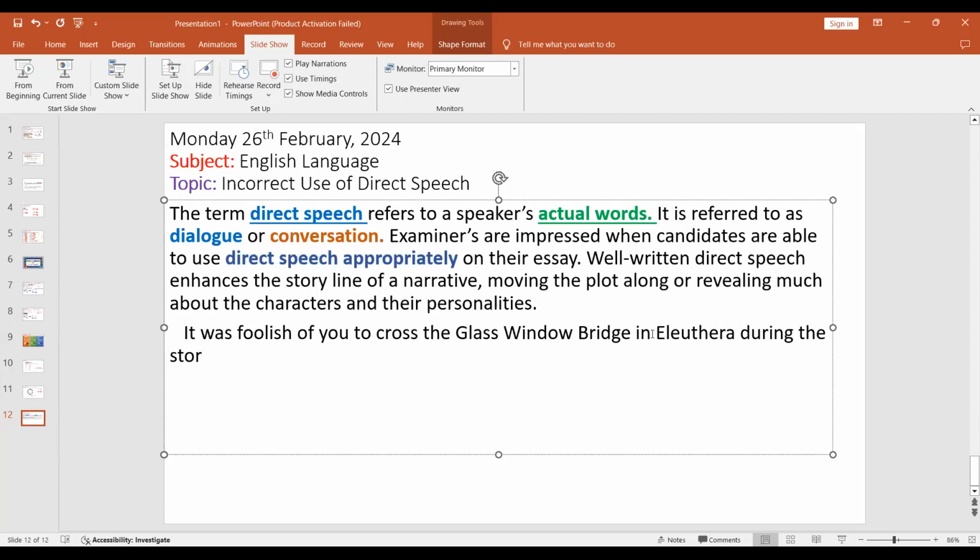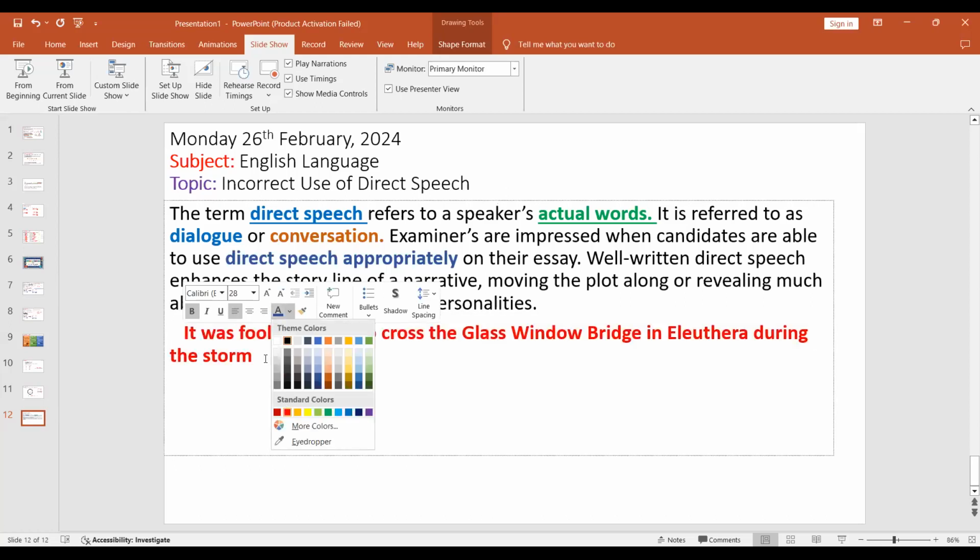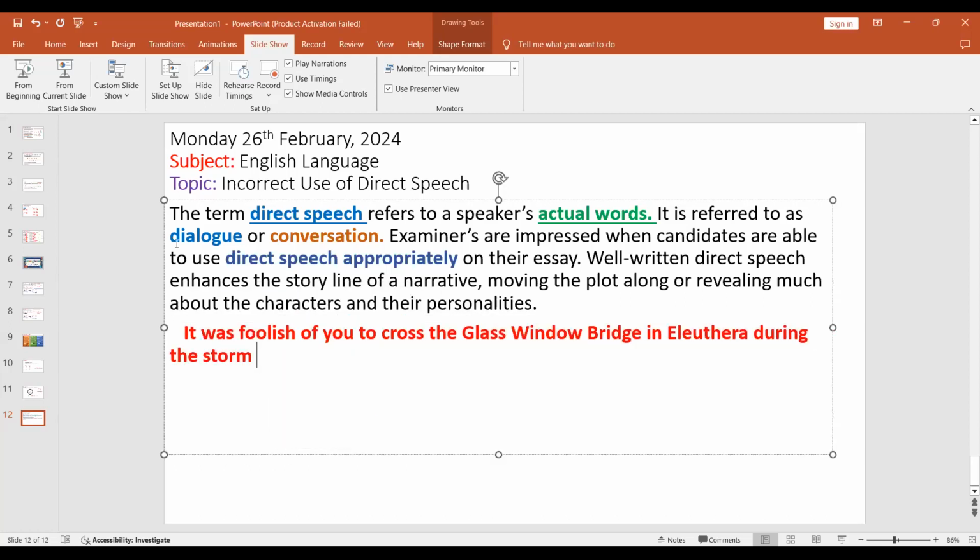Now, if this was a direct speech from someone, how are we going to show that it's a direct speech? What are we going to do to show that it's direct speech? Quotation marks. We need to put the quotation marks, right? Because that's the first thing, put your quotation marks.